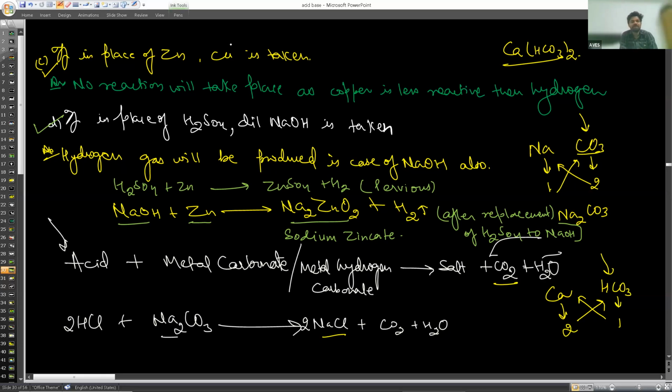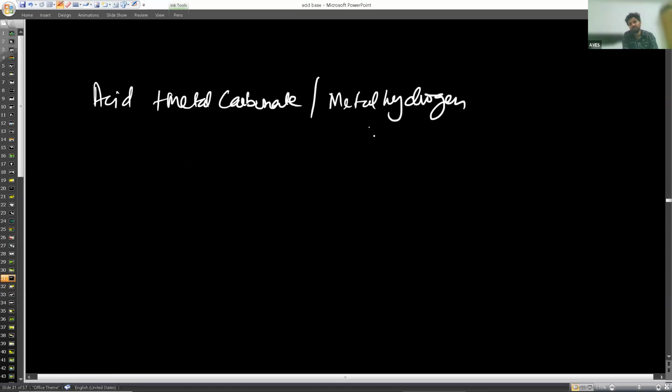So let's start the next part here. The next property of acids is that when acids react with carbonate or metal hydrogen carbonate, they produce salt plus water plus carbon dioxide.